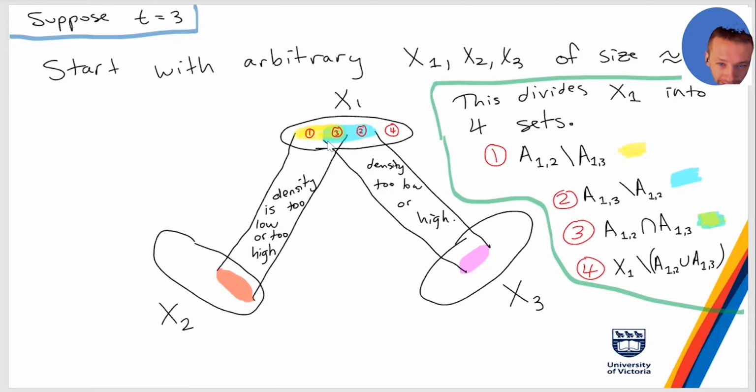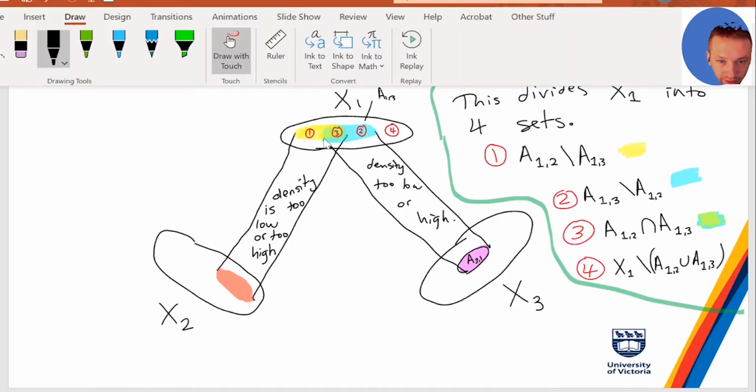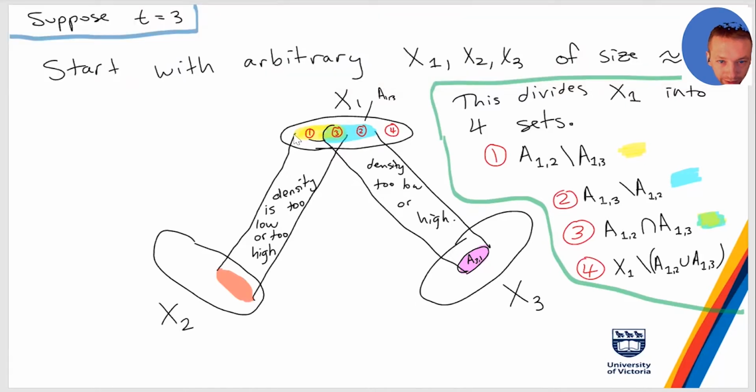What it gives you is a set here, this blue set, and this purple set, where the density is too low or too high. The blue set I'll call A1,3, and I'll call this one A3,1. If I look at X1 and at this pair of non-regular certificates, this actually splits X1 into 4 parts. You've got the yellow set, which is A1,2 minus A1,3.